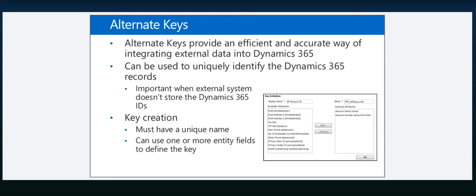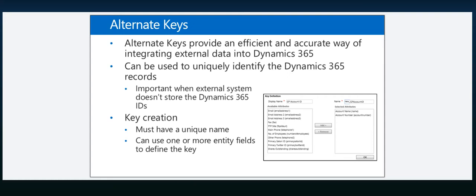So if you have an external system that doesn't store the ID that's generated in Dynamics 365, you can use the external ID and create a field and assign that as the alternate key, and make sure that on integration you populate the alternate key with that external ID. And Dynamics 365 will help ensure that it is unique.